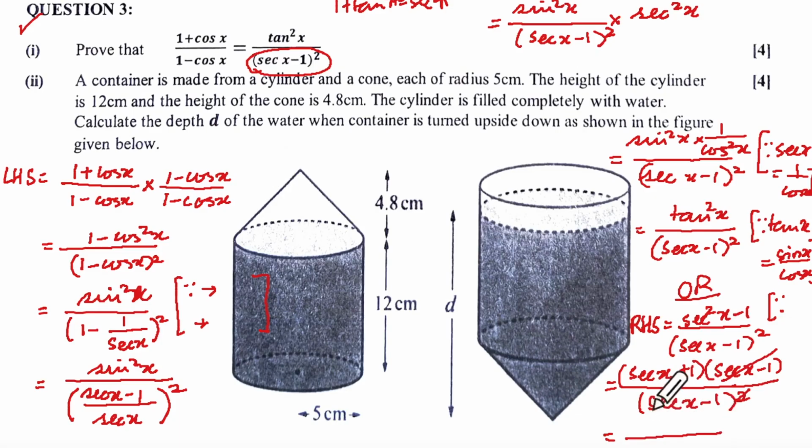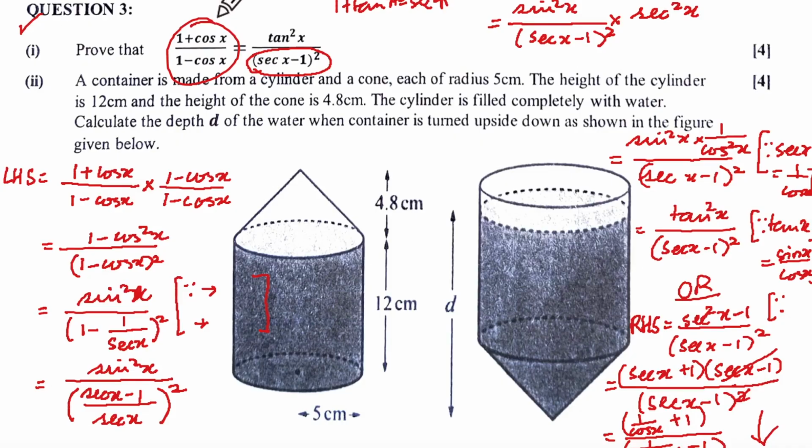Now in the numerator I will write 1 upon cos x plus 1, and denominator will be 1 upon cos x minus 1. Then when I take LCM, I will get this with the denominator cos x getting cancelled. So this you can do on your own after this.